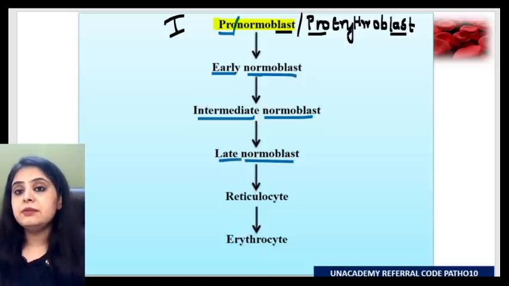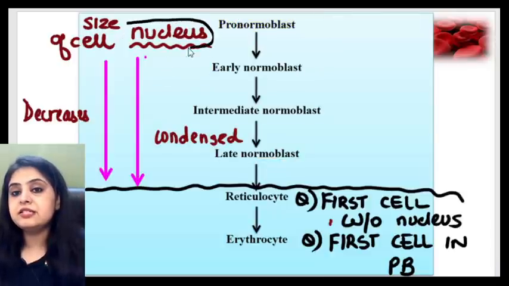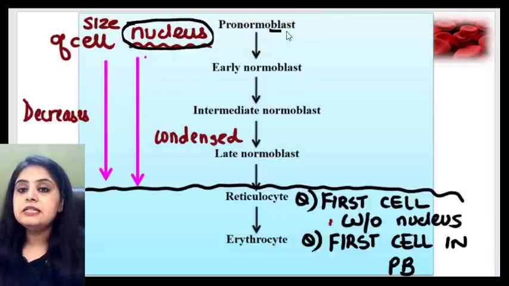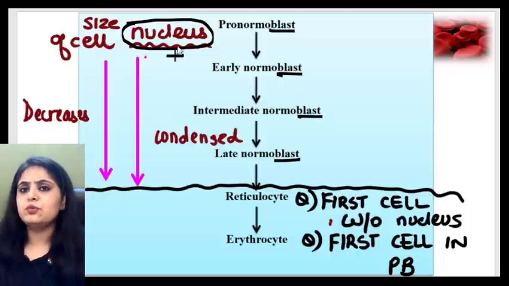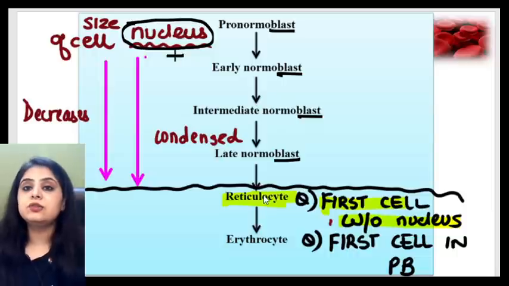Till the time the word blast is coming in this series, remember, there is a nucleus present in the cells. So how do I learn it? Till the time the word blast is coming in the cells, the nucleus is going to be present. If I ask you which is the first cell in the RBC series without a nucleus, you will say that's a reticulocyte. From here onwards there is no nucleus present.